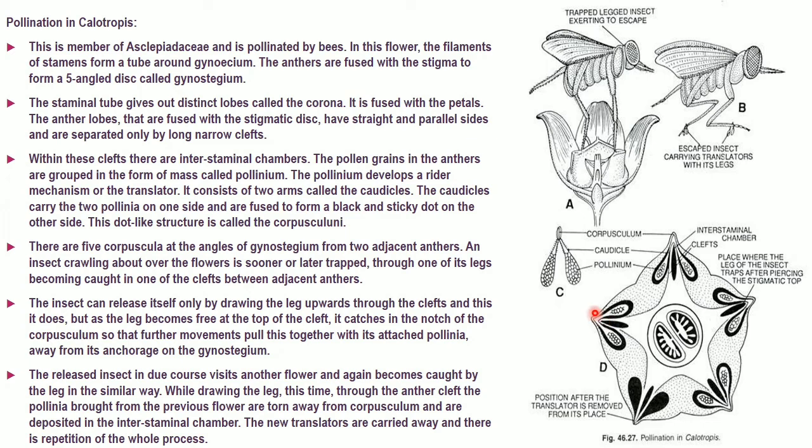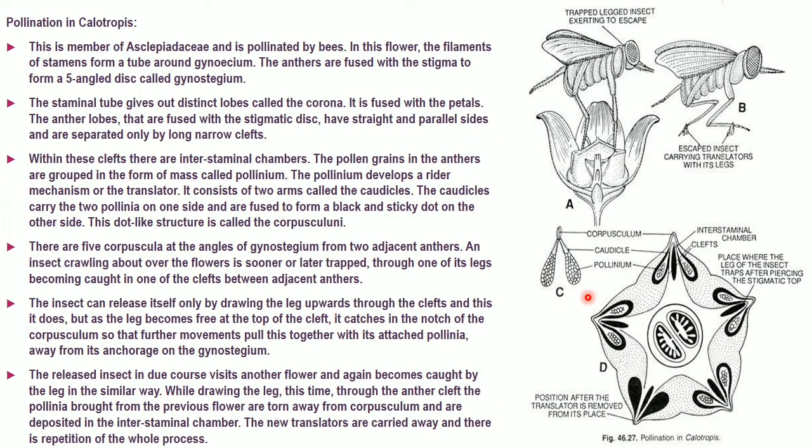And the same bee, when it is visiting another flower, the same process happens, and there when the stigma is ready to receive the pollen grain, this pollinium will be falling on that, and that way there is a chance of cross pollination.